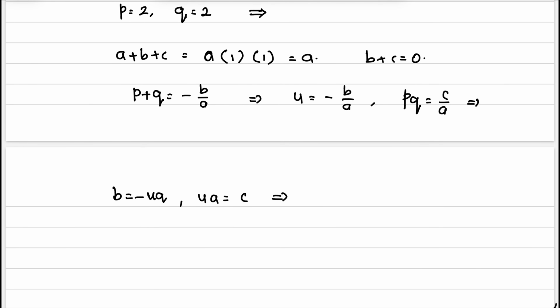From this, A is equal to 1 implies A is equal to 1, B is equal to minus 4 and C is equal to plus 4.